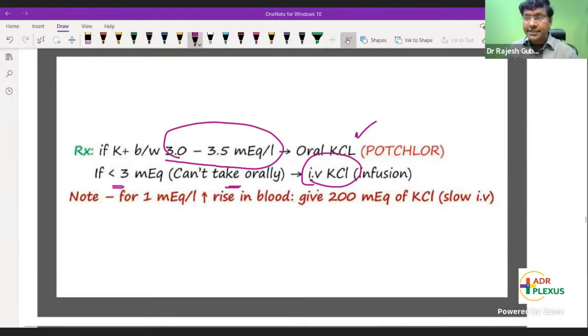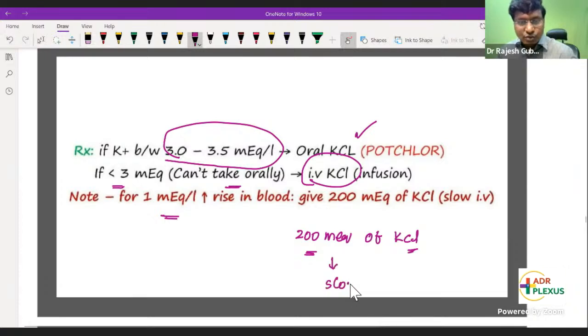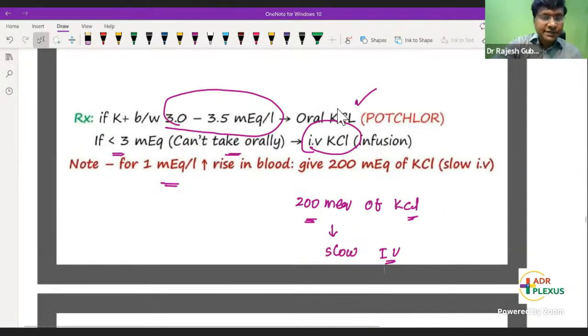For a 1 milliequivalent per liter increase in potassium, almost 200 milliequivalents of potassium chloride should be given, and this has to be given through a slow intravenous route.